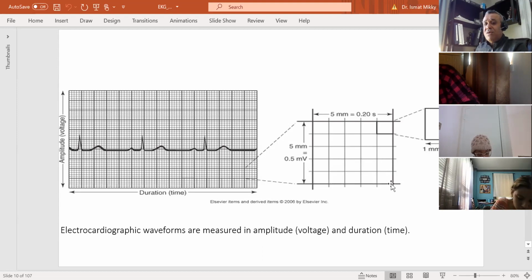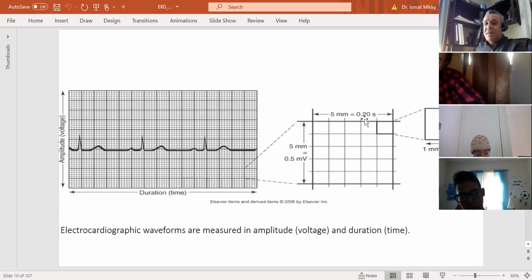This one is 0.2 seconds, and we have 5 small boxes within it. Each small one, from this point to that point, is 0.04 seconds. If you multiply 0.04 times 5, it comes to 0.2 seconds.